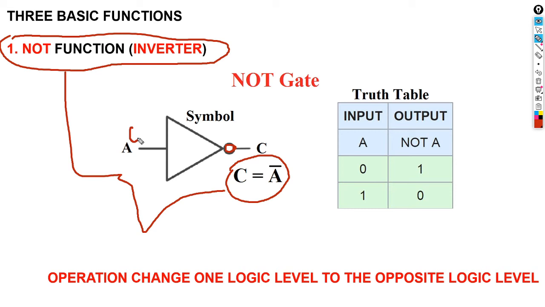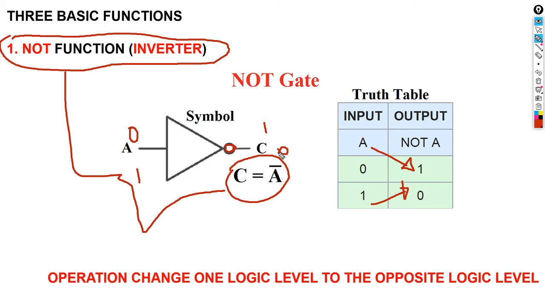To a 1, to a higher state. If my input is 0, my output will change to 1. I'm just doing inversion. And then if my input is 1, my output will be 0. For instance, if I apply a 1 here, my output will be 0. And by definition, our NOT function operation changes one logic level to the opposite level of the one that you put in.